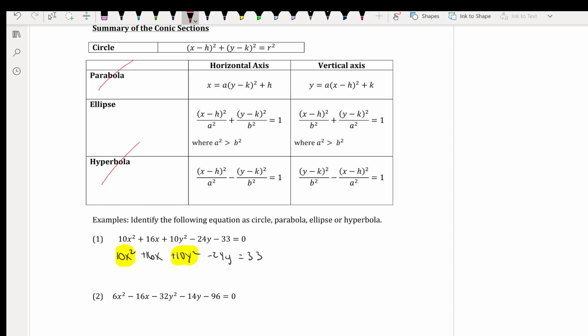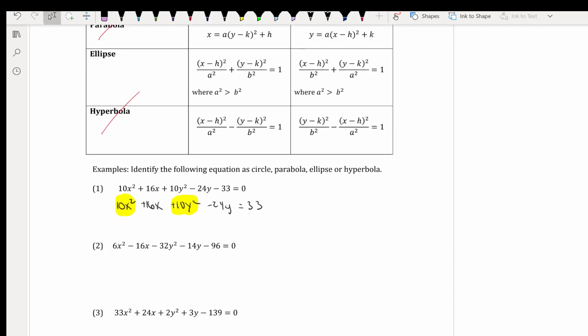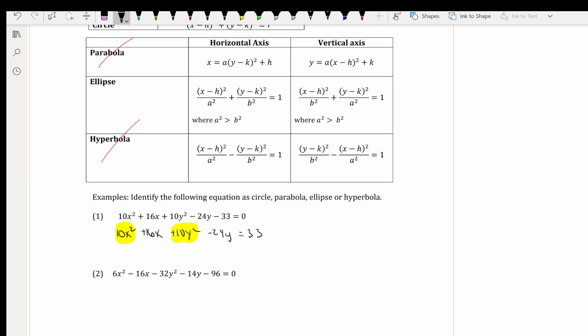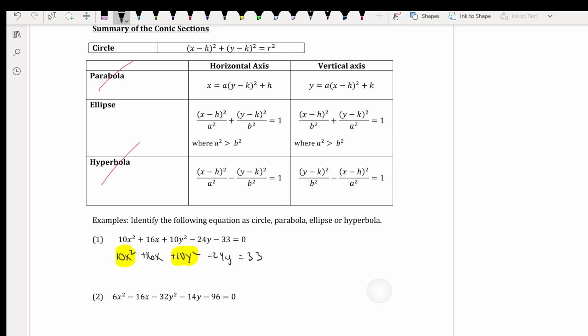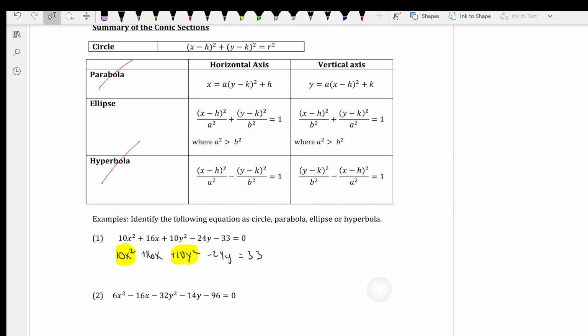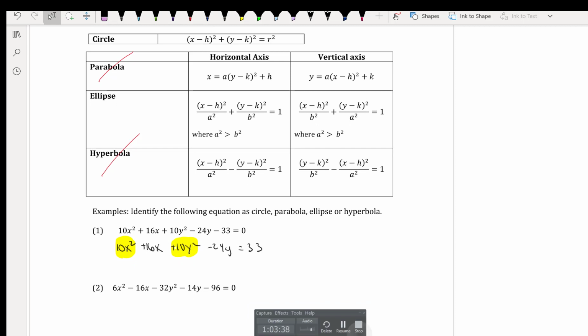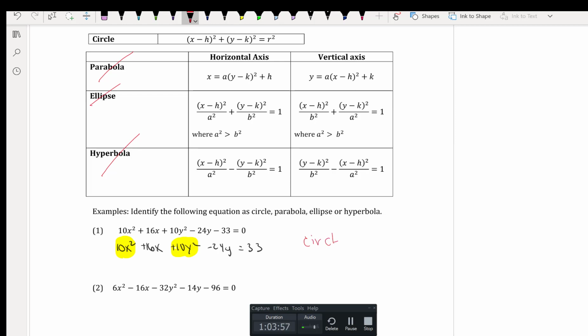Well, the x squared and the y squared have the same coefficient, which is 10, that 10x squared and that 10y squared. So I can totally tell that it's not going to be the ellipse. So what I do have indeed is going to be the circle.